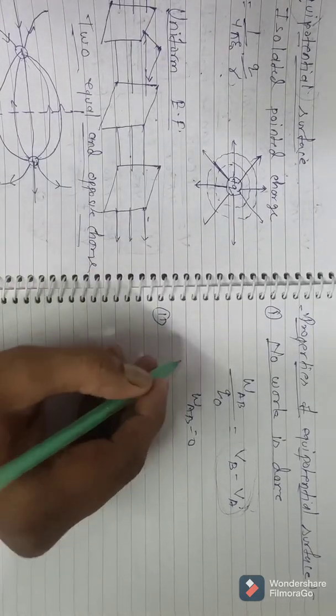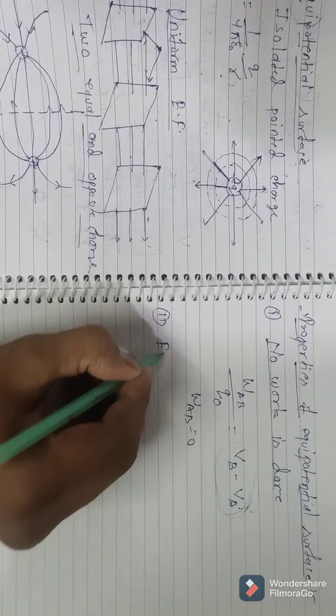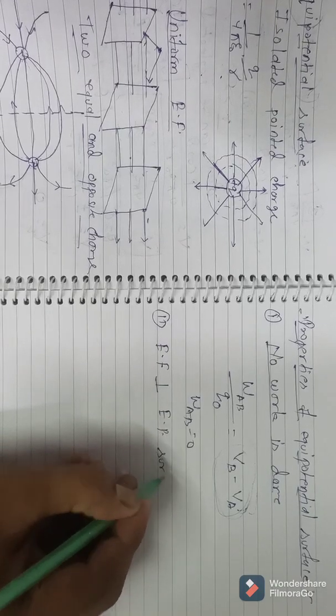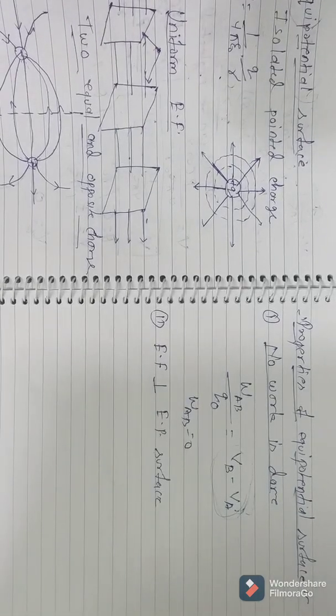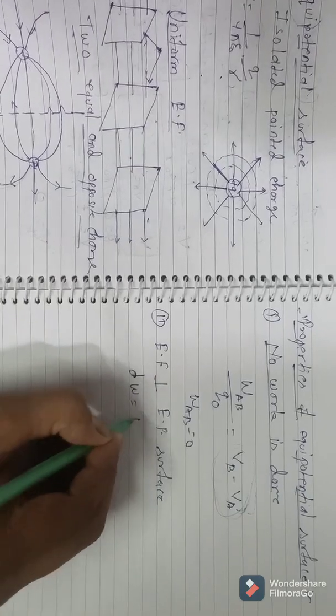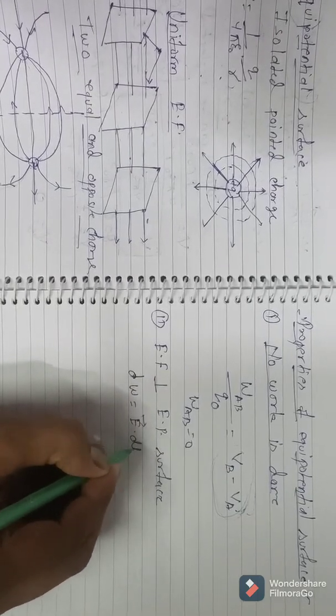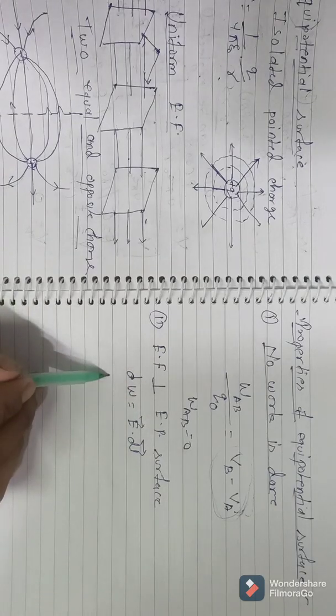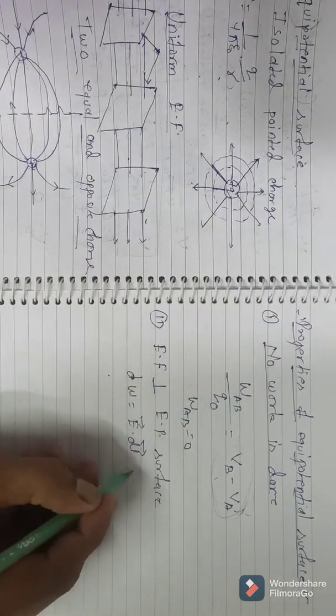Property number 2: the electric field is perpendicular to the equipotential surface. How can we prove that? We know that dW equals E vector dot dl vector, and we know that the work done on an equipotential surface is 0.